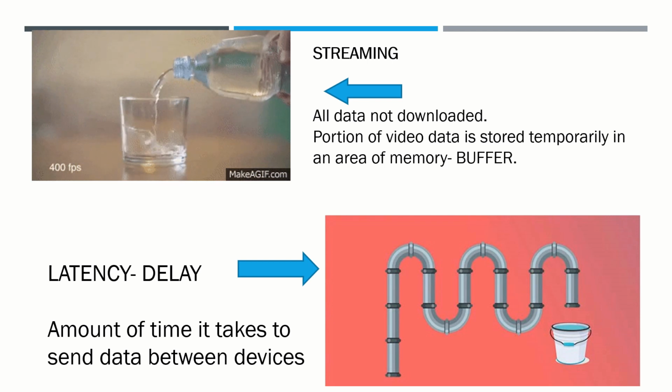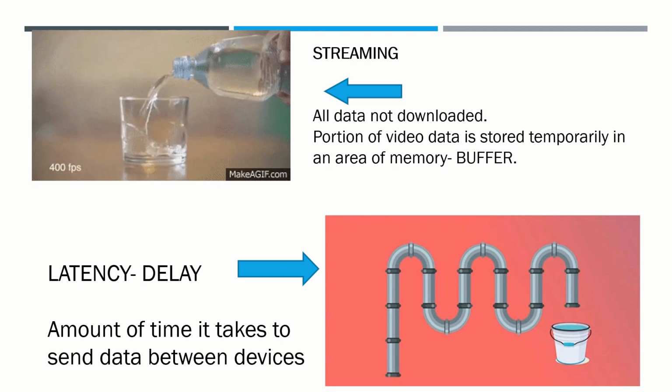Latency means delay, as the name indicates, late. It is the amount of time it takes for the data to reach the device. Device A is sending some kind of data to device B. The amount of time taken is called latency.